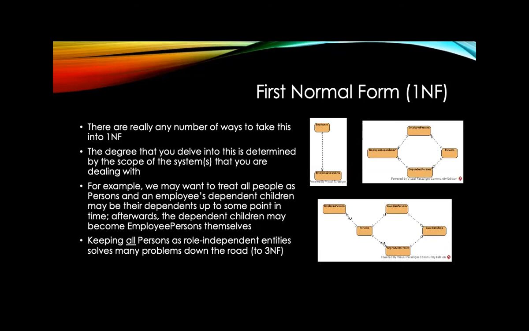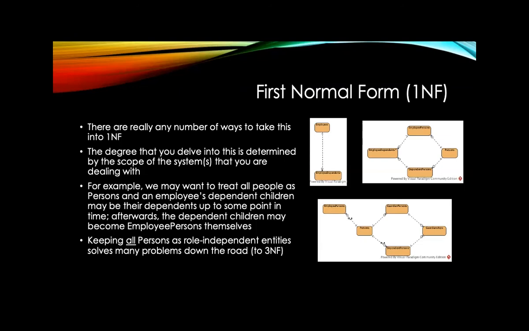So when I talk about somebody having a job and working in a particular office or something like that, I refer to employed persons records in that entity. But if I want to know if a person has children or not, I can take employed persons, go through this employee dependence association table and find the children or the other dependents that they might have for HR and benefits purposes.